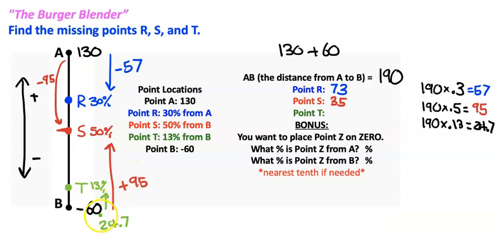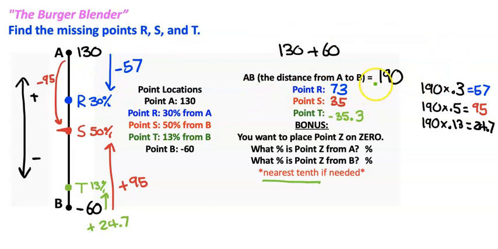All right. So since we're going up, we're doing addition. So if you do negative 60 plus 24.7, you're going to land at a decimal, and that decimal is negative 35.3. I think I made these work out nice enough where you don't get any really nasty decimals. I think the tenths place is as far as you need to go. So don't go any further than the tenths place.